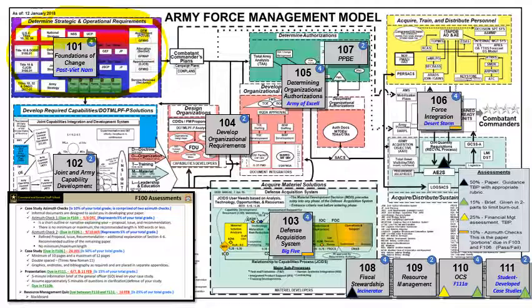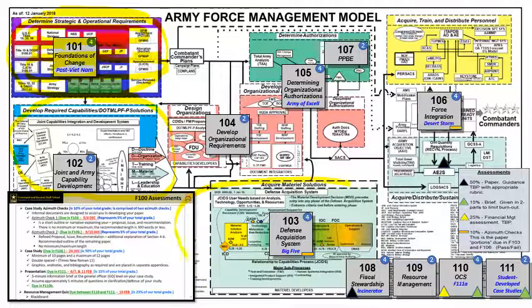You'll look at the national defense strategy produced by the SecDef. You'll look at the national military strategy produced by the chairman of the Joint Chiefs. And again, in F101, you'll do that post-Vietnam case study. In F102, you'll be looking at JSIDS.